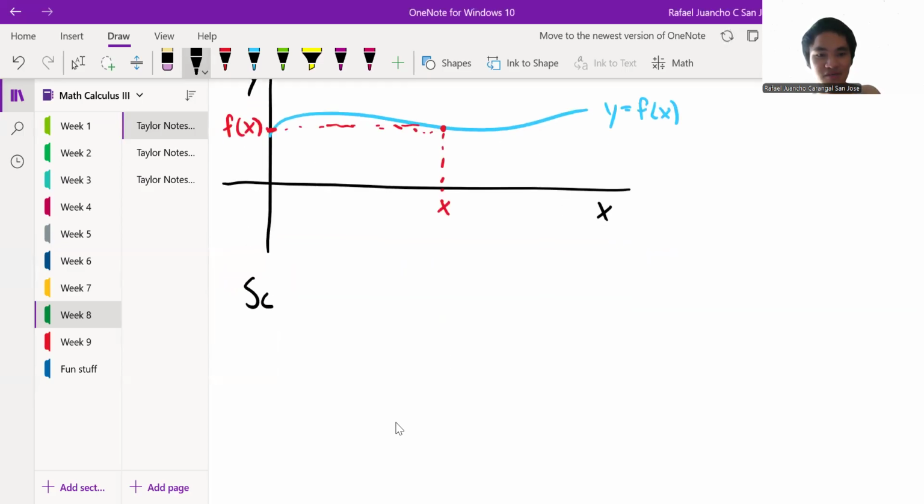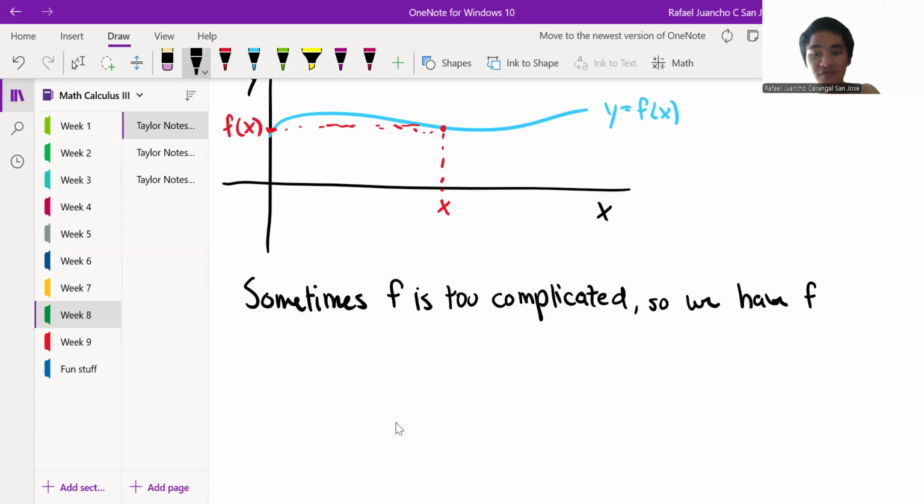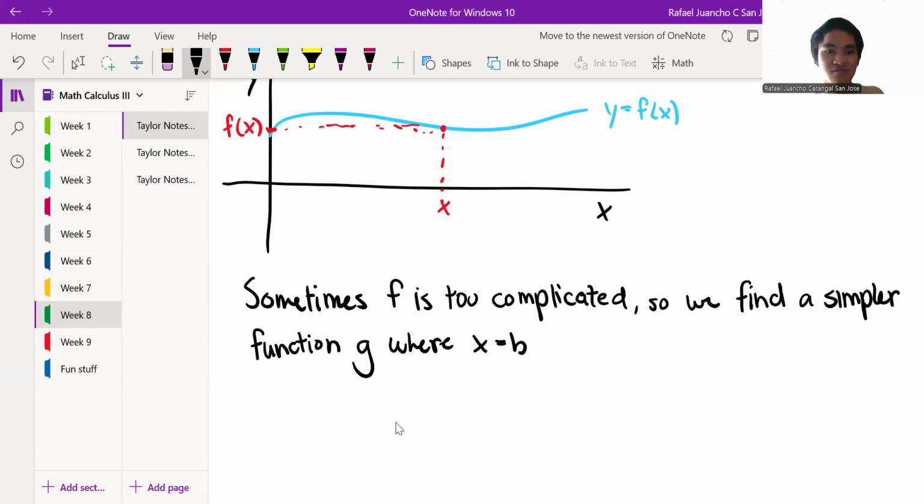Sometimes f is too complicated, so we find a simpler function that we could use, let's say g, where x is equal to b.